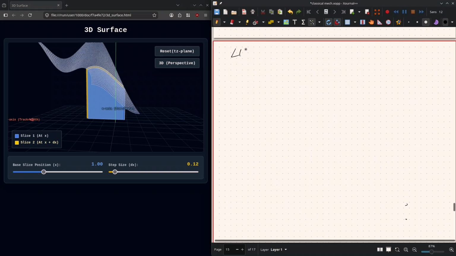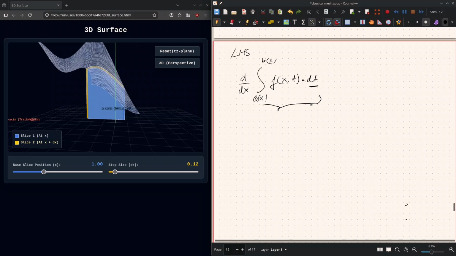So now let's look at the LHS first. What does the LHS mean? The LHS looks like this: the integral from a of x to b of x of f dt, and then d by dx. What is this integral doing?